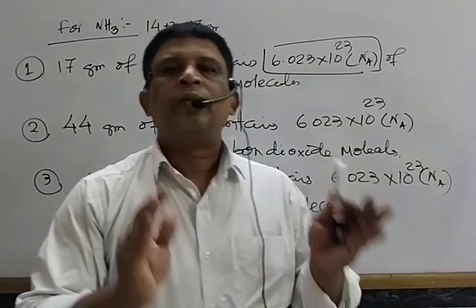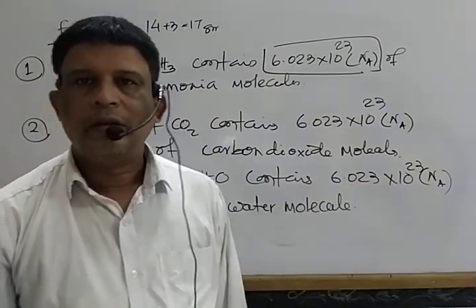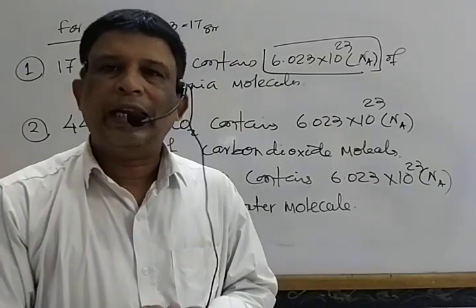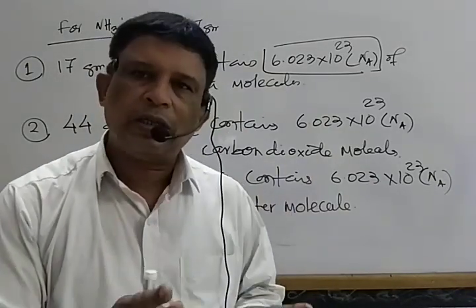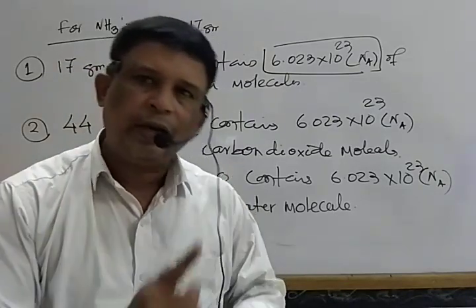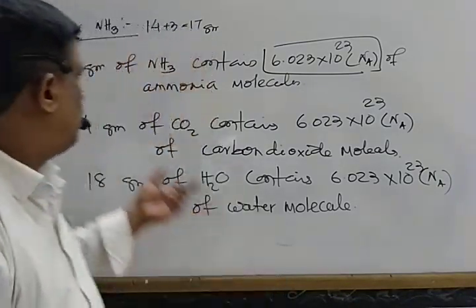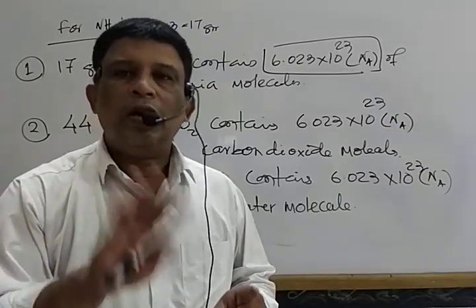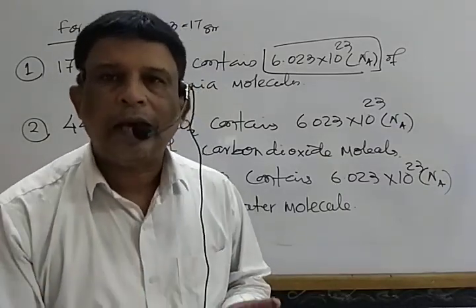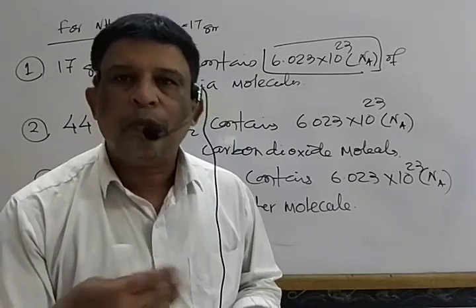So now deduce the question. From the relation, first we derive the relation, then we make a question, then try to solve on that concept. So in the previous case, we calculated the number of molecules, number of atoms, number of ions, number of electrons, number of protons.